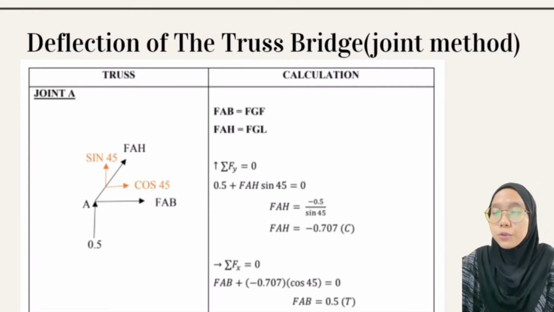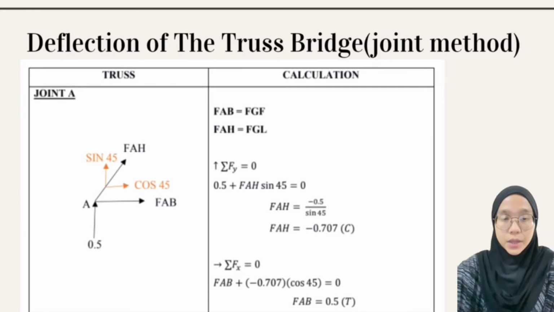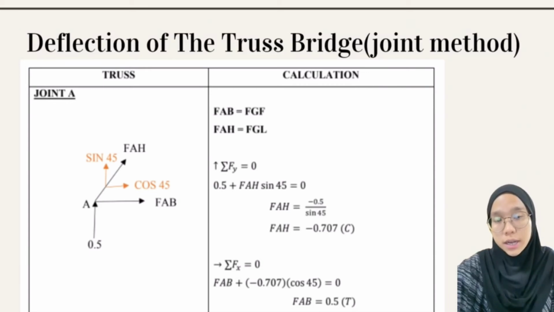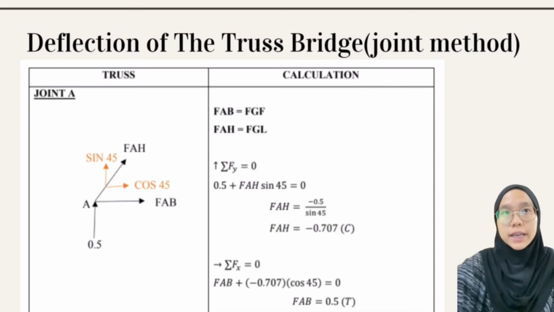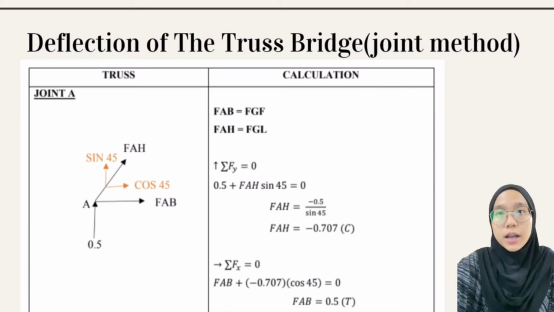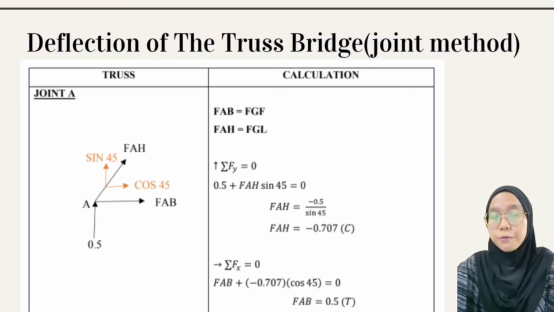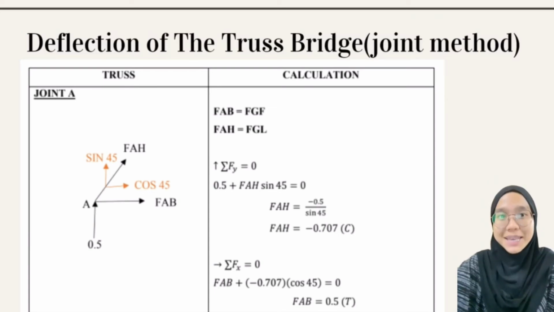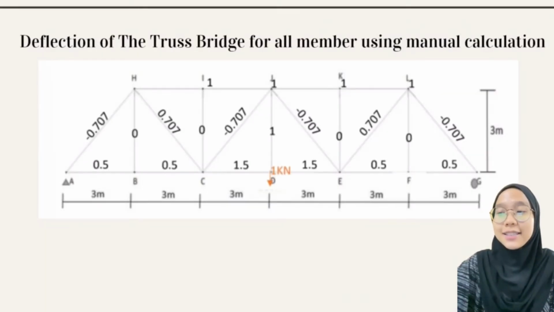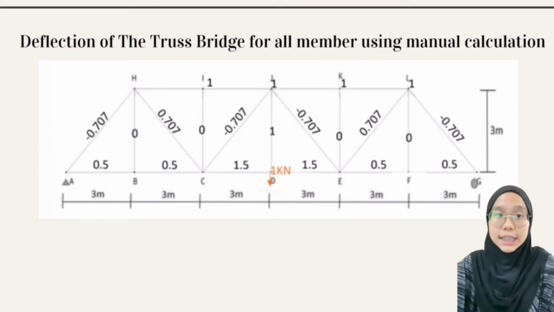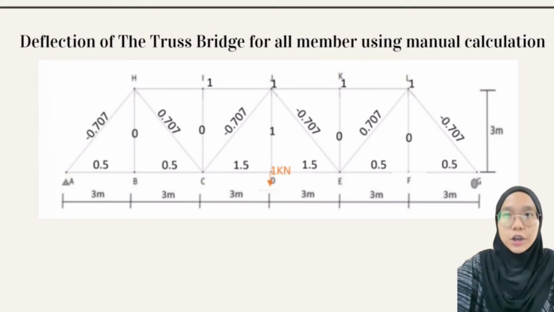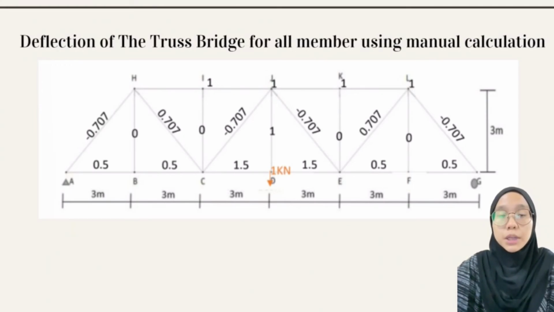And we have to find the forces at AH and AB, and that is for joint A. But if you want to find joint B, you have to find FAB, BH, like that. Next, this is our deflection of the truss bridge for all members using manual calculation.